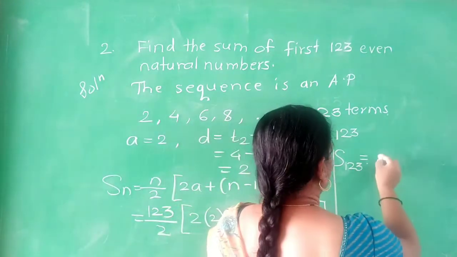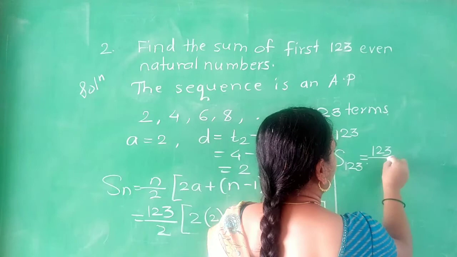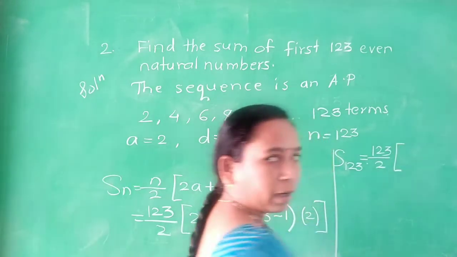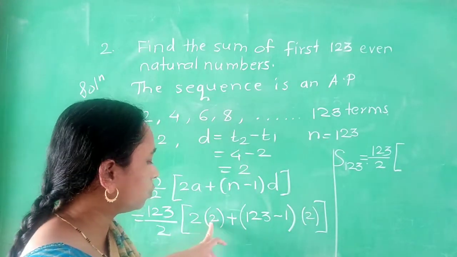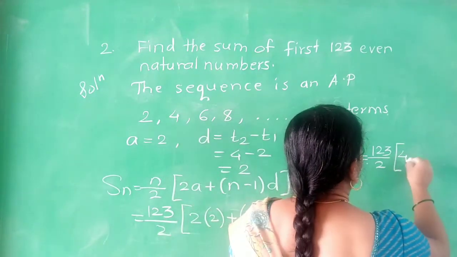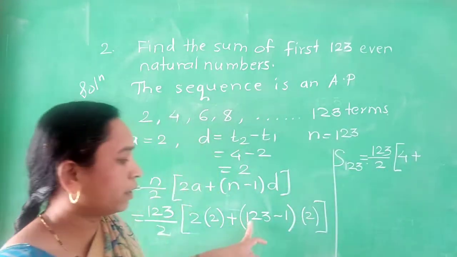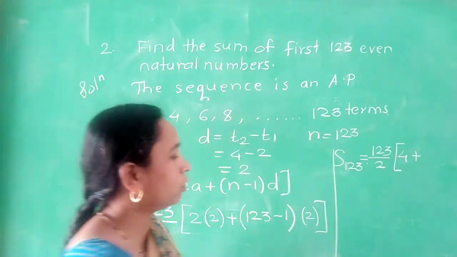Here I have to find the sum of 123 terms. So 123 upon 2, in the bracket 2 twos are 4 plus 122 into 2.